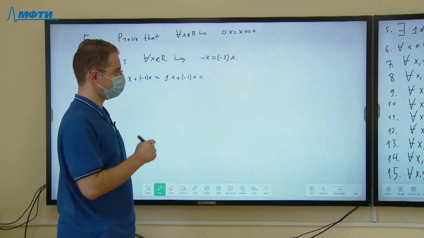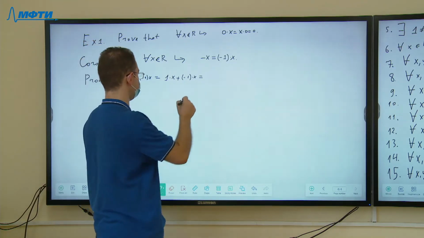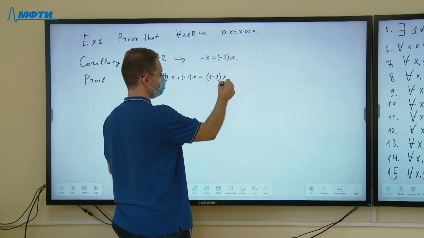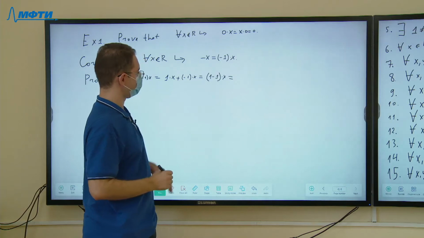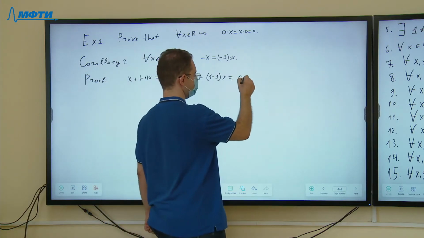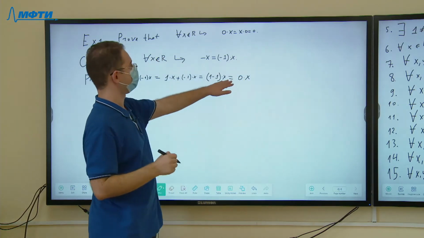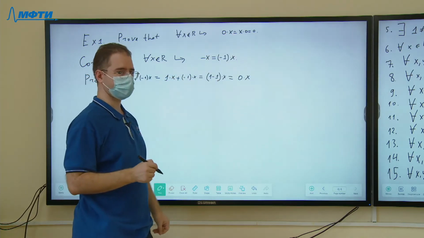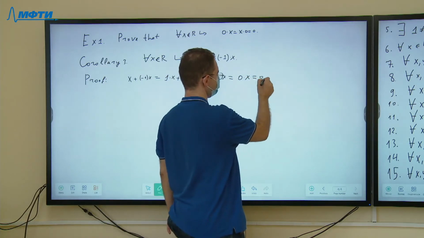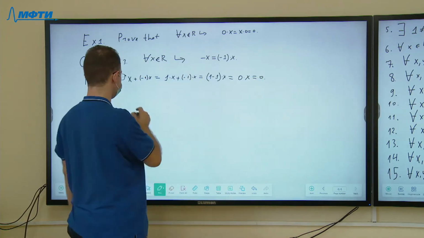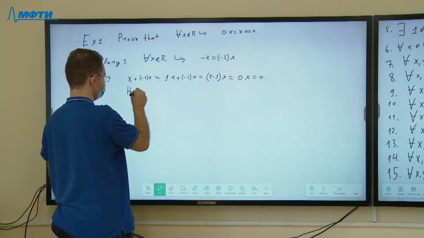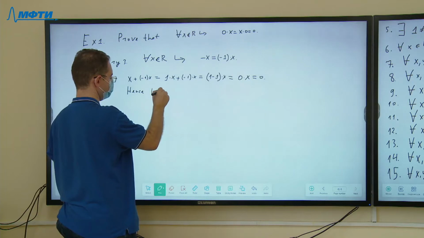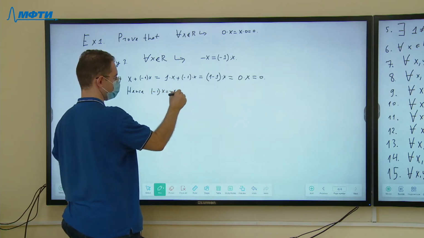Here by axiom 9 we have 1 minus 1 times x, and here this is 0 times x, and here from the result of this exercise that we will prove later, this is 0. Hence, minus 1 times x equals minus x.